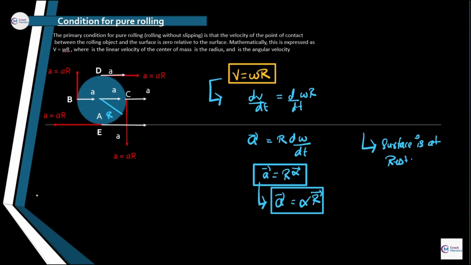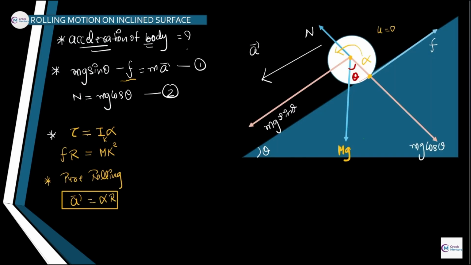Now let us move on to the next part. Let me copy this slide. For pure rolling, acceleration is equal to alpha r, and if I am finding alpha, then alpha is nothing but acceleration upon r. This is the simple thing.